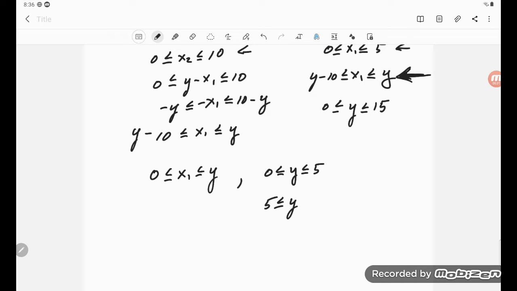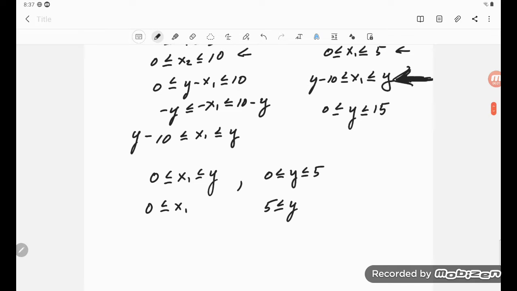So now we ask what happens when y gets bigger than 5. In the second inequality, if y is 5, then on the lower bound we still just have minus 5. Well, x1 has got to be bigger than 0 anyway, so we'll have 0 less than or equal to x1.